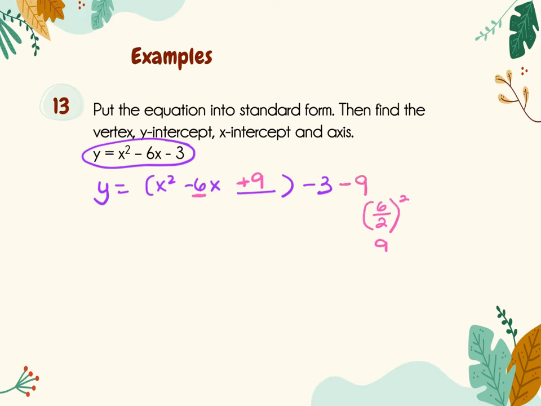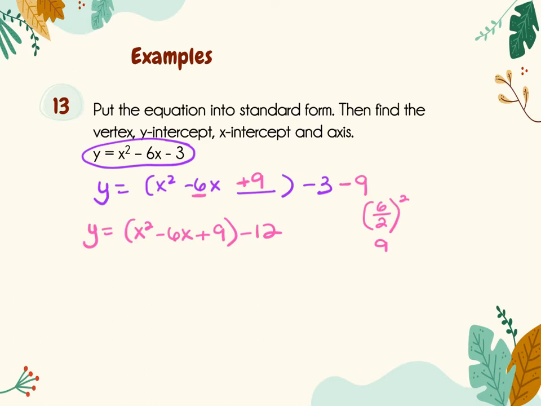I can't just change the value of this equation. I have to balance it out. So whatever I do inside the parentheses, I have to do the opposite outside the parentheses. Now I'm just going to rewrite it, simplifying the negative 3 minus 9, which is negative 12.